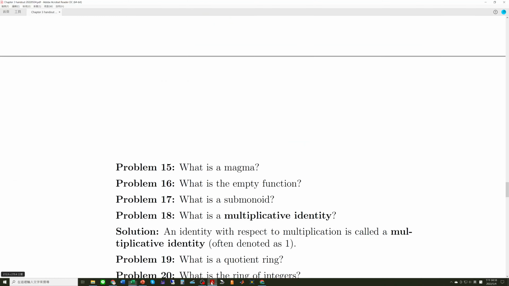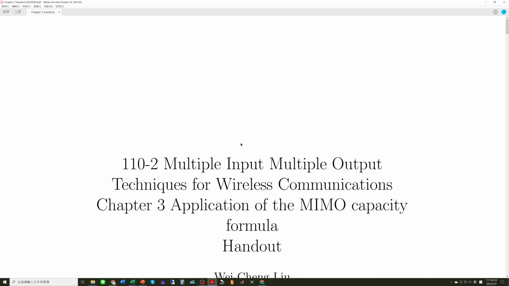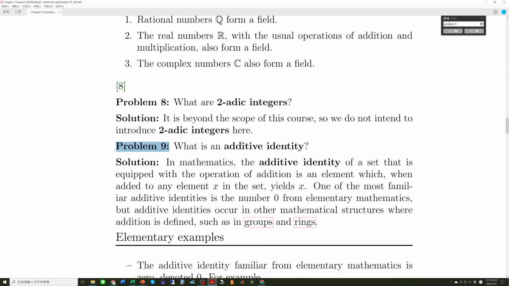Please open the handout and turn to page 53, and search for problem 9. So problem 9, what is an additive identity?